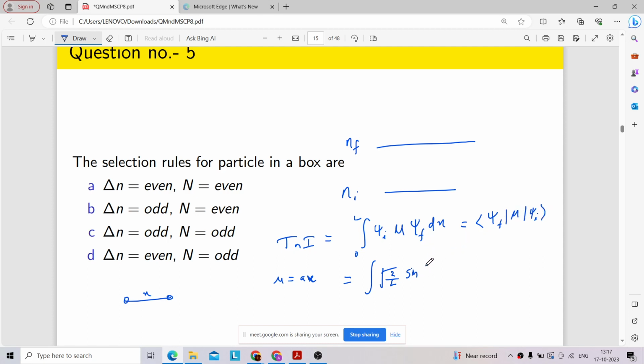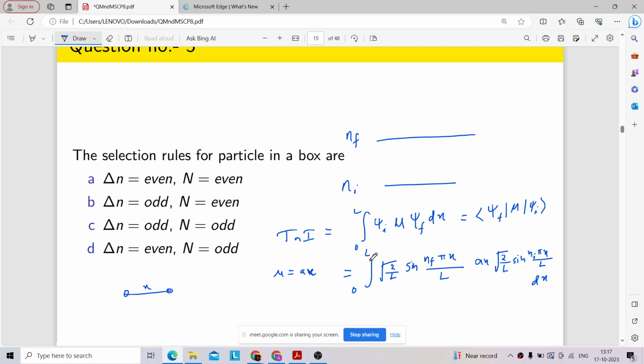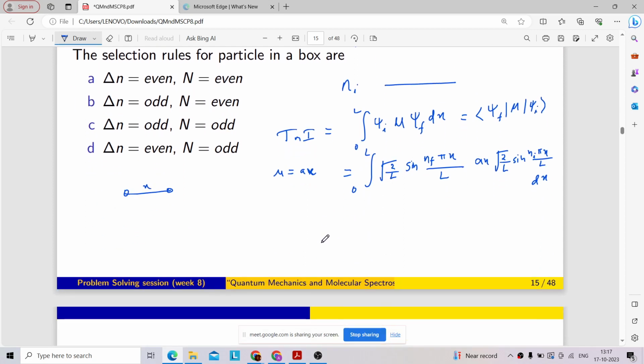So in that case, this will be sine nf pi x over L times Ax times root 2 over L sine ni pi x over L dx from 0 to L. Now, if you solve this, like it's been solved in week number 8, what you will get this value to be A over L.